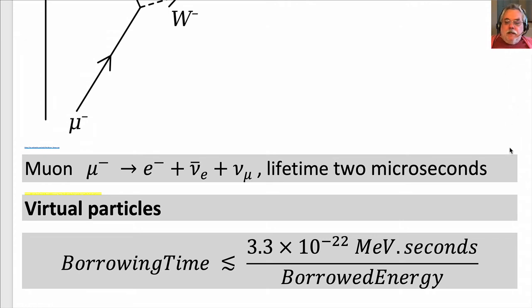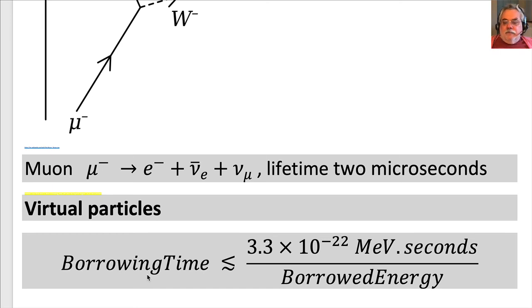This interaction can borrow 80 billion electron volts from the vacuum to create the virtual W- boson, but that boson must vanish and return the borrowed energy within 4 × 10⁻²⁷ seconds.